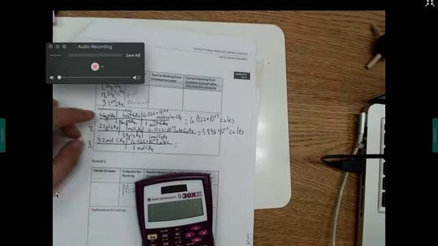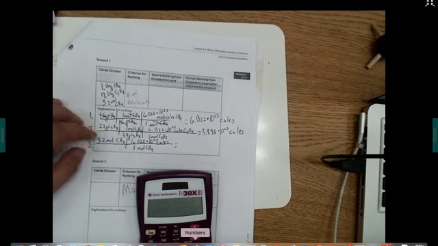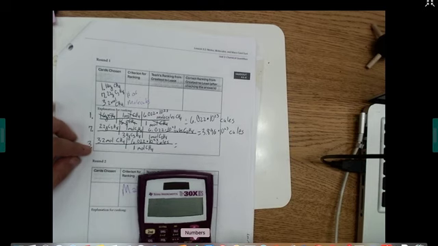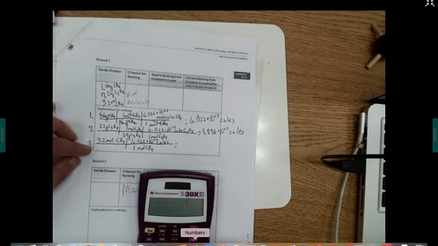Okay. And then finally, I'm going to get rid of all the excess stuff, 32 times 6.022 E23.